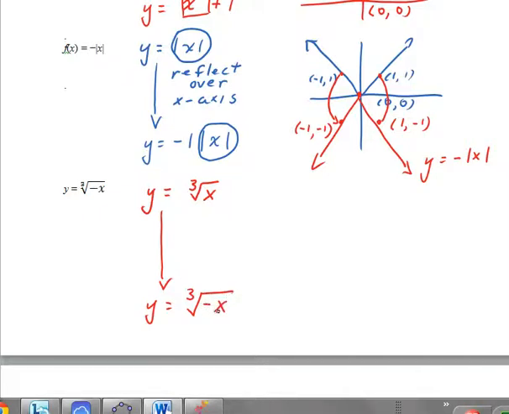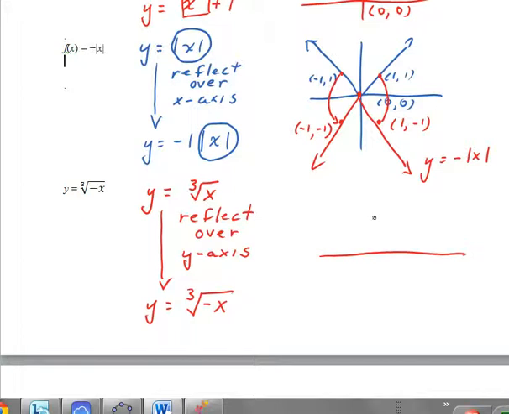So since x has been replaced by the opposite of x, we're going to affect the x values. We're actually going to reflect the curve of y equals the cube root of x over the y-axis.